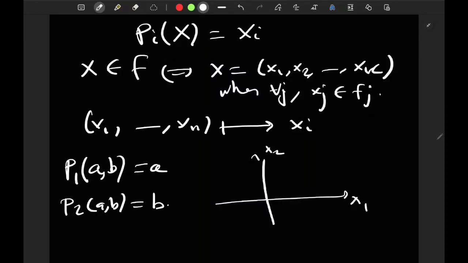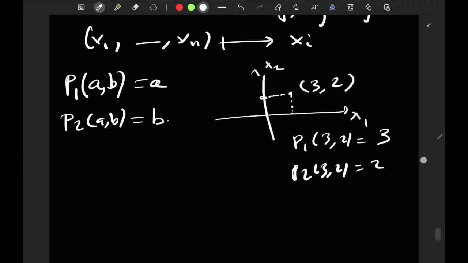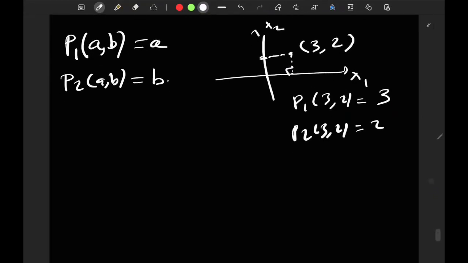Say you have a point (3, 2). Then P_1 of (3, 2) is equal to 3, we are projecting on the x_1 component. P_2 of (3, 2) is equal to 2, we are projecting on the y component. So that's projection. It literally means projection: orthogonal projection in the case of the reals, and generally speaking just projection on the ith coordinate.